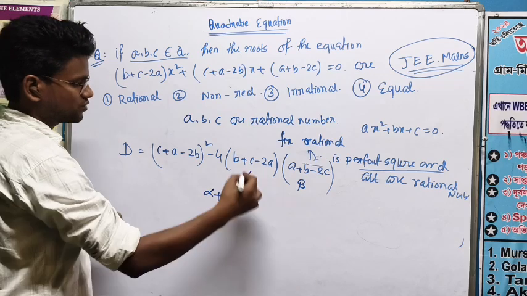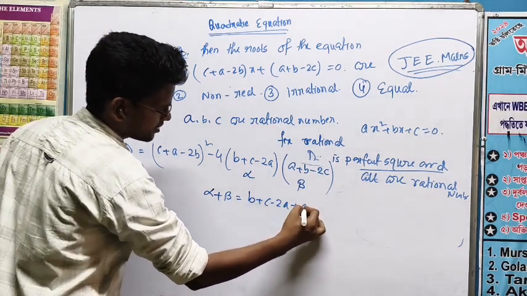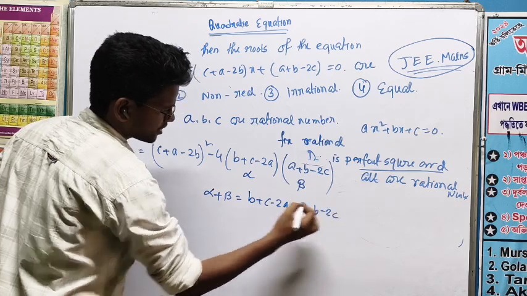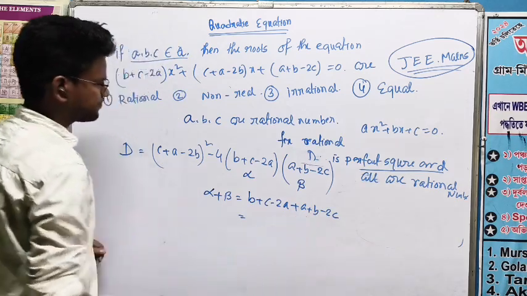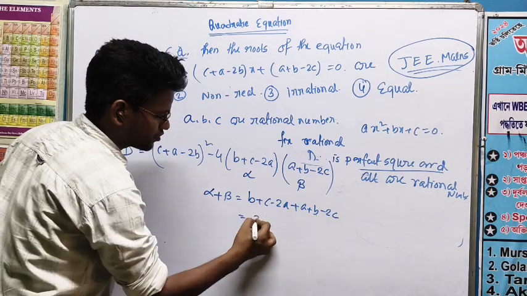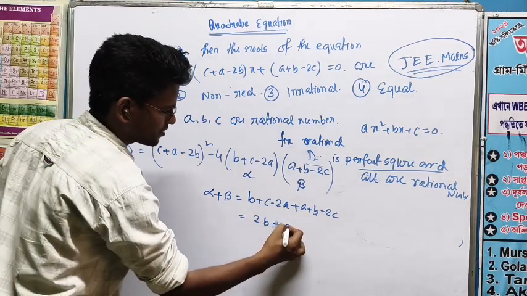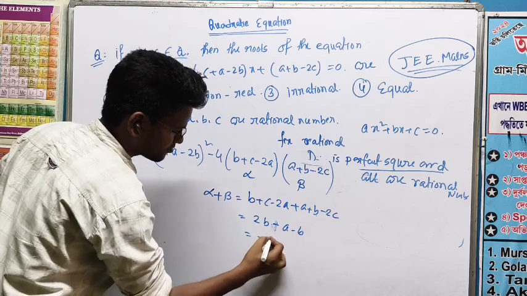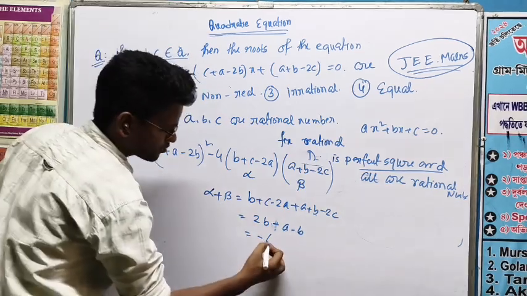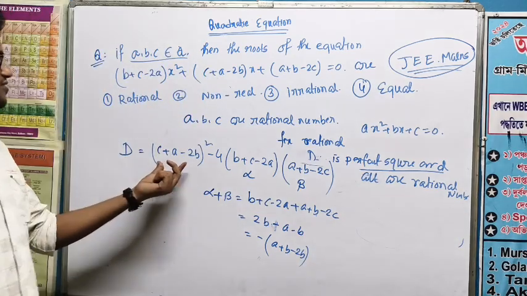So that equals b plus c minus 2a plus a plus b minus 2c. So this is 2b, and this is minus a minus c, so that means minus (a plus c minus 2b), and this is alpha plus beta whole square.